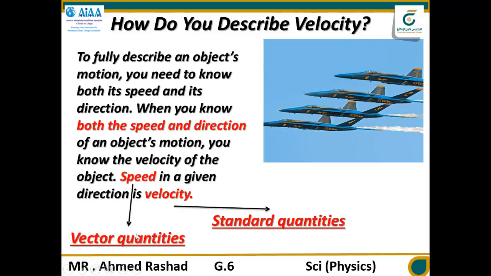Scalar quantities are only numbers measuring some quantity that does not need any direction, like speed. Vector quantities, like velocity, have the number and also the direction. So vector quantities need a direction, and scalar quantities do not need any direction, only the number of the quantity. Excellent. Now all of you should know the big difference between speed and velocity. Excellent.